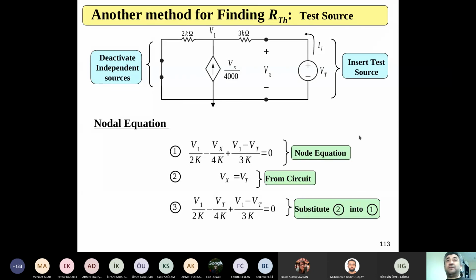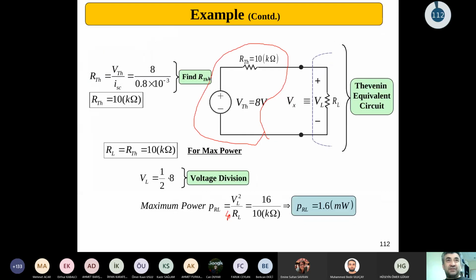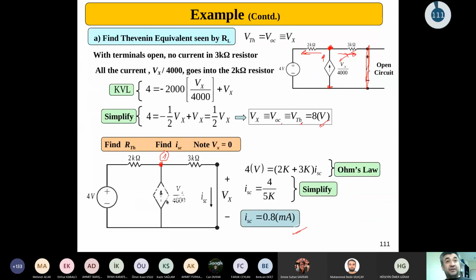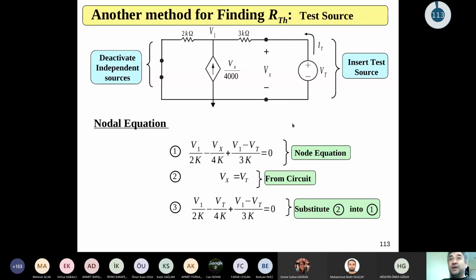And we can just use another method. Since we have, just a second, to calculate the resistance, we don't need to calculate the short circuit current. We can just insert that test source in here, and just short circuit the independent voltage source, open circuit the independent current source.